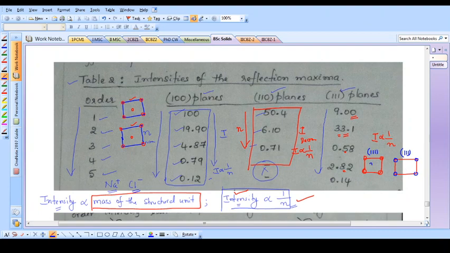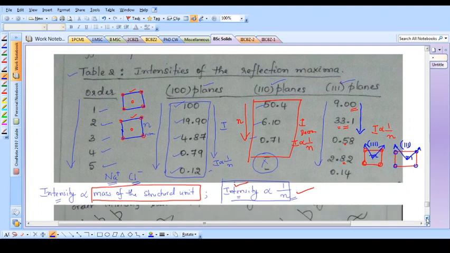So the total mass, if I count the mass of all the atoms in this plane, is different from the mass of all the atoms in the other 111 plane. So the intensity of the X-rays reflected from this 111 plane is different from the intensity of the X-rays reflected from the second 111 plane. So this may be the possible reason for the variation of intensity for the 111 plane.